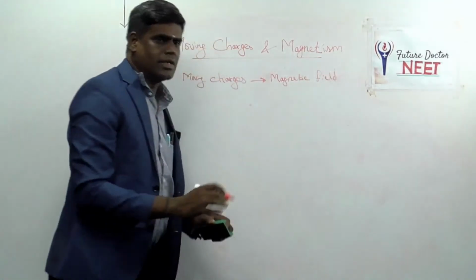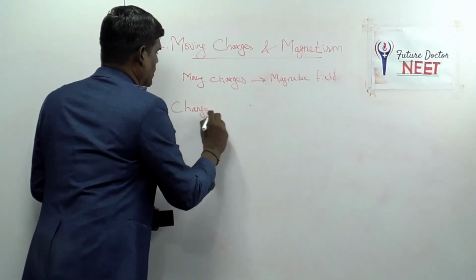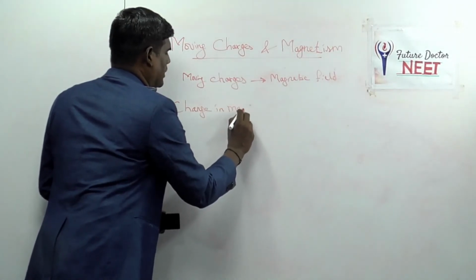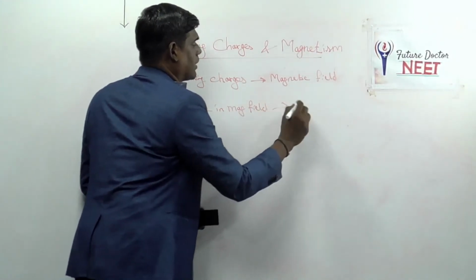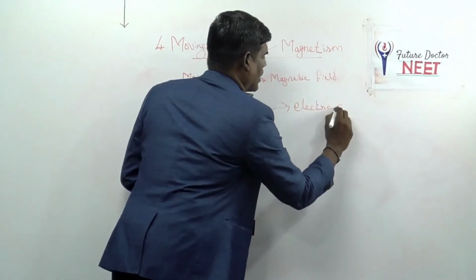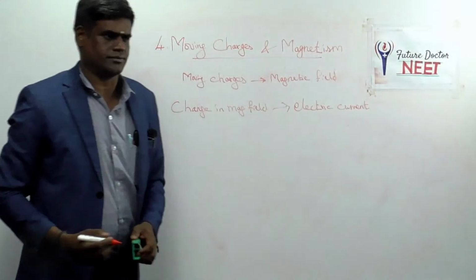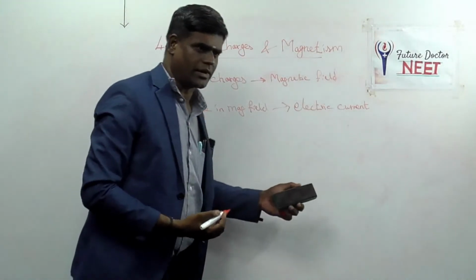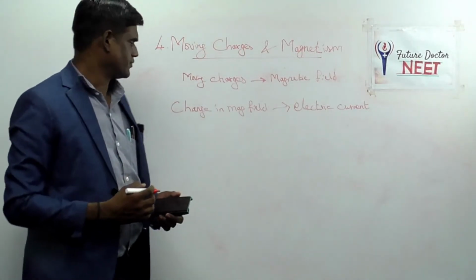In the same way, a change in magnetic field generates electricity, or electric current or charges. That is the generator, based on electromagnetic induction. We will see it in the next chapter.